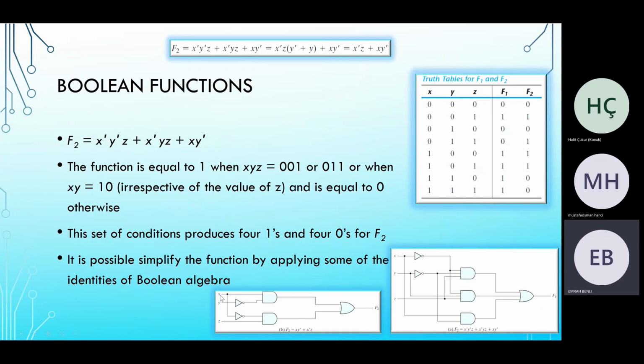So now it comes here x and y prime, which is the second term, and it goes to the OR gate, and from here we have x prime and z, which is the second term here, and we send them to the OR gate, and we have this one. That's what we are trying to do.